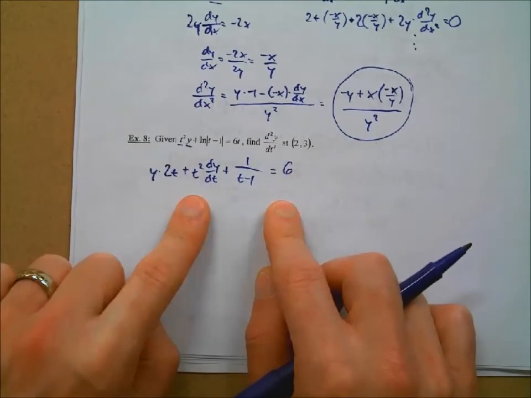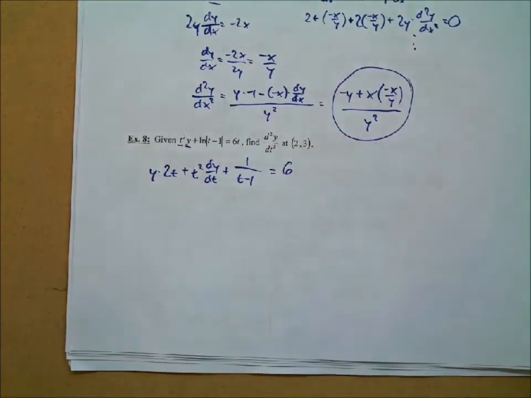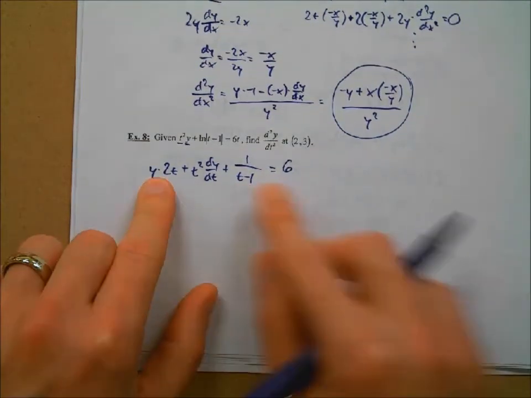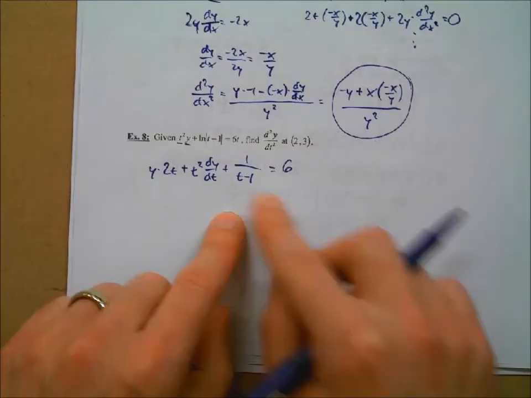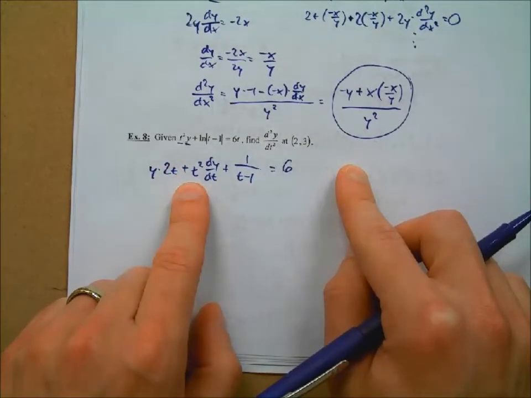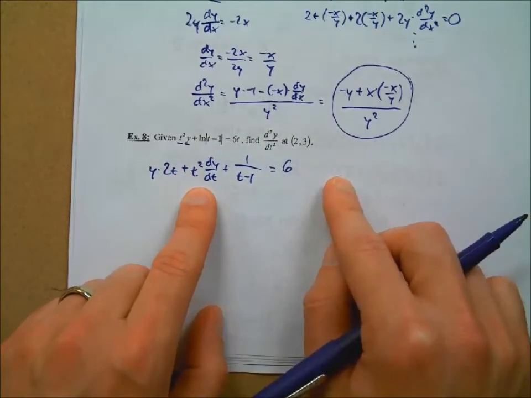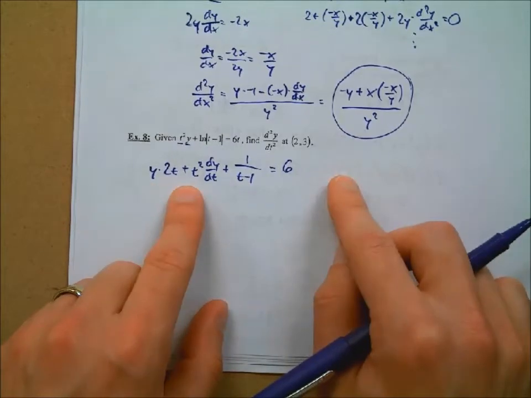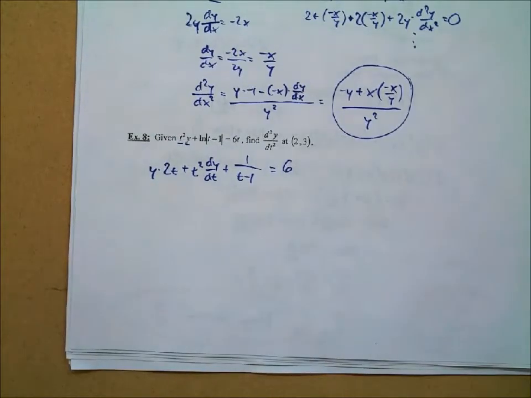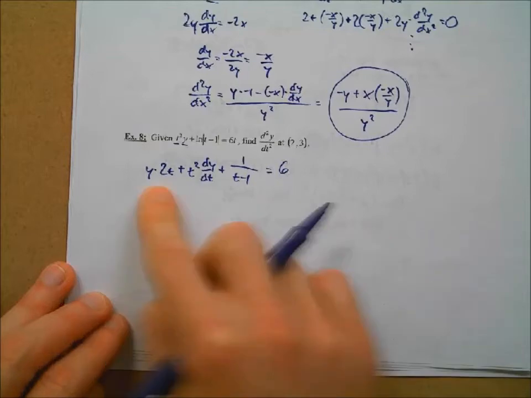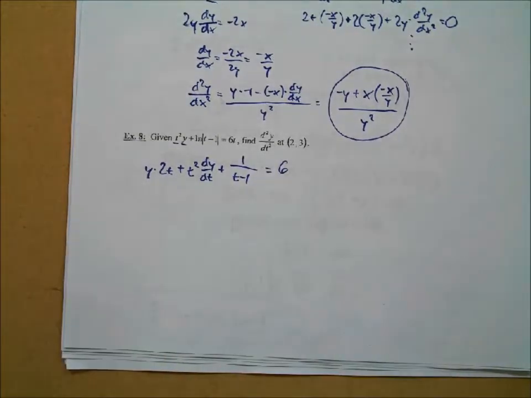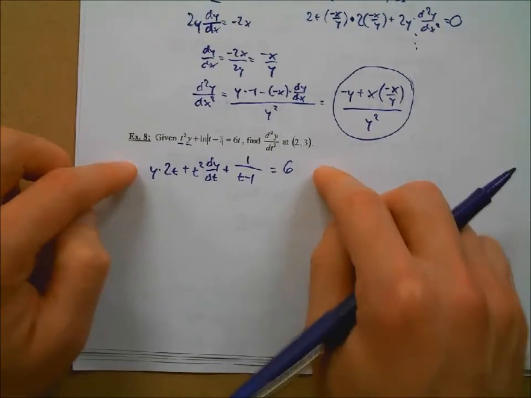Now, I'm looking at this right now, and I'm thinking to myself, if I move 2yt over, and then move this over, and then divide everything by t squared, I'm going to have a quotient and a product rule, and it's just going to be a mess. Right now, this looks a little bit easier for me to take the derivative. So I'm actually going to leave it in this format and take the derivative here.